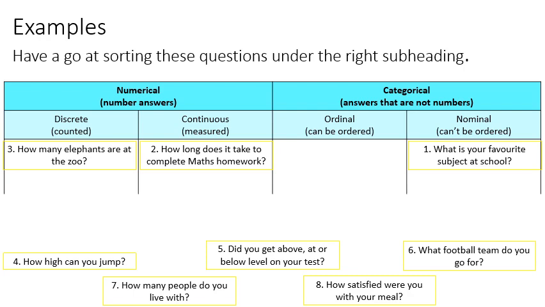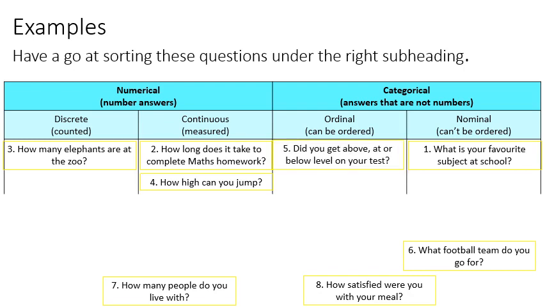So therefore, this type of data would be classed as continuous. Fifth question says, did you get above, at, or below on your test? So answers I'd get are either above, at, or below level. Now, there is some kind of order I can sort these into. So whilst they're not numbers, there is an order I can assign to them, from best to worst or whatnot. So therefore, this type of data is classed as ordinal.